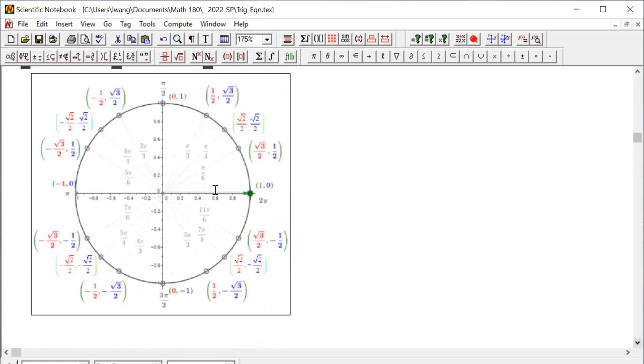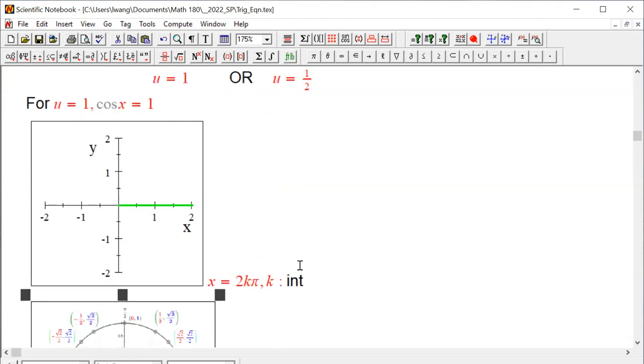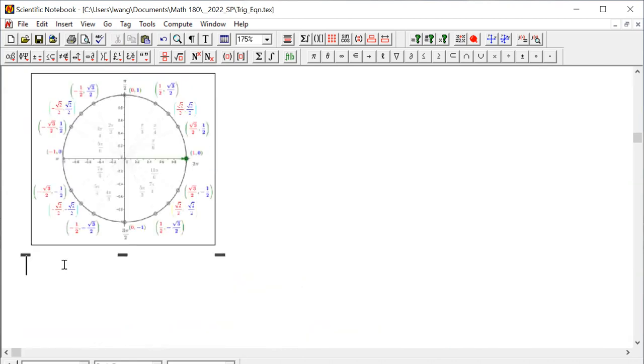Okay. And the second one, for u equals half, this looks like a special angle, isn't it? Cosine x equals half. So you've been looking for a red number equal to half. So what are the red numbers equal to half? Let us find them.